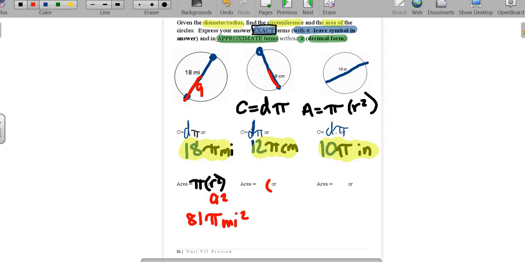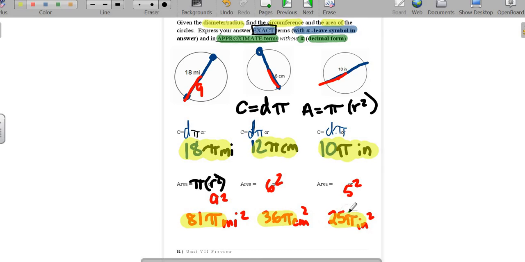So we're going to end up with 6 squared. We get 36 pi centimeters squared area. Here my radius is 5. So I get 5 squared. I get 25 pi inches squared. This is the exact form of the area.